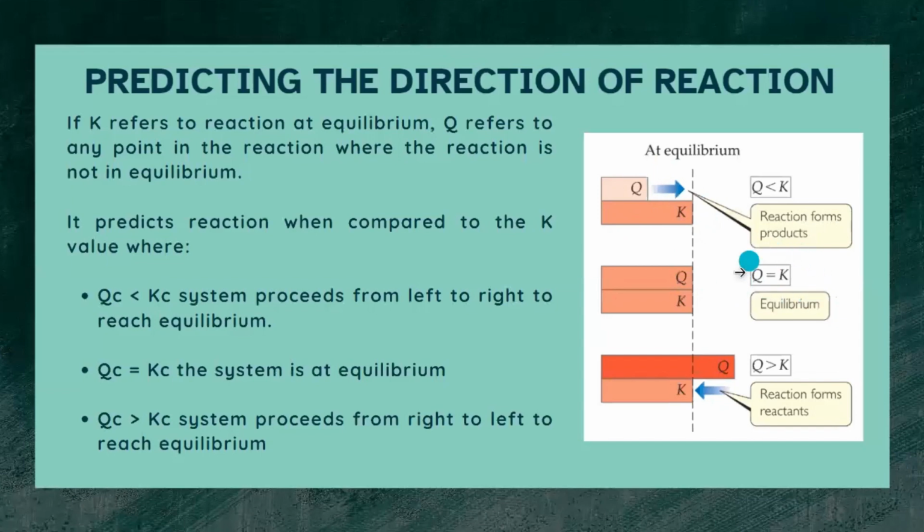If Q equals K, then the system is already in equilibrium, so no shifts are observed. Then, if Q is greater than K, the system will shift from right to left, meaning it will consume products to produce more reactants until equilibrium is established.